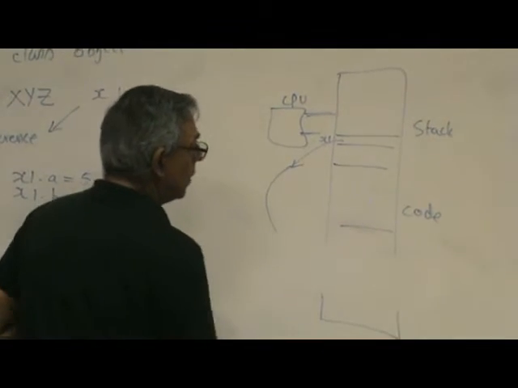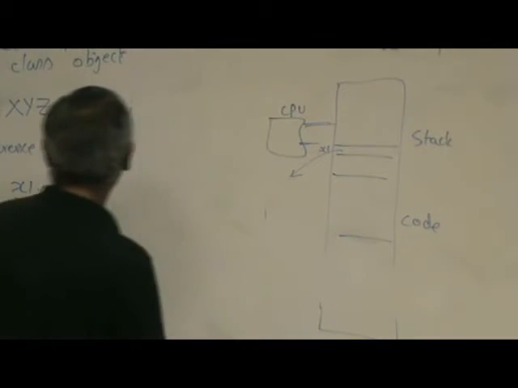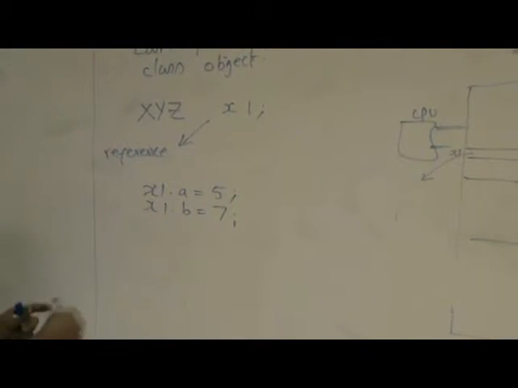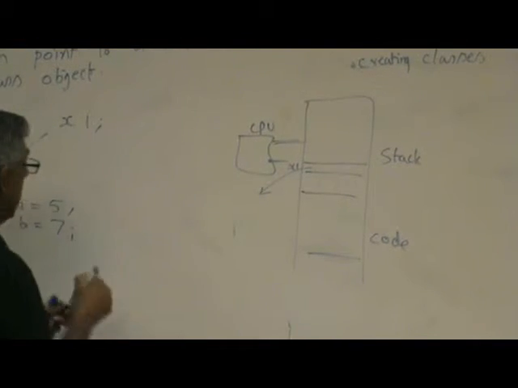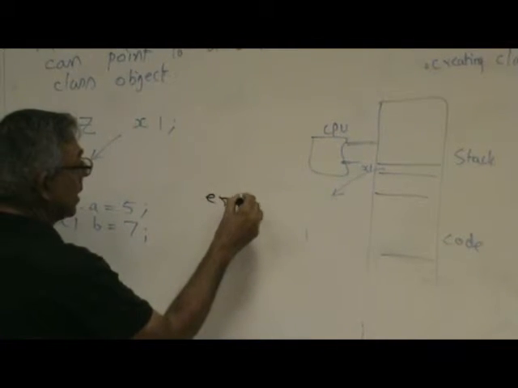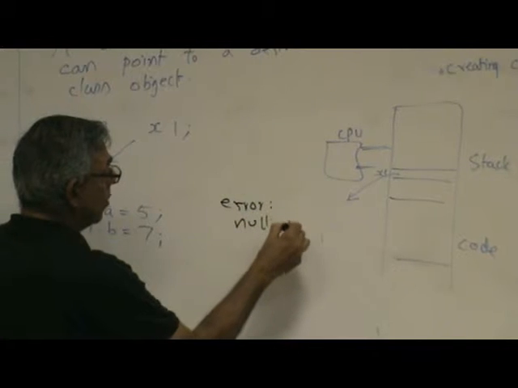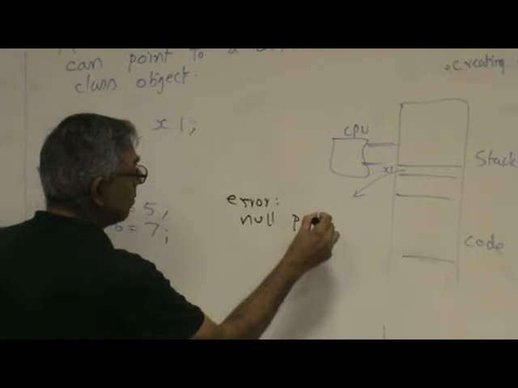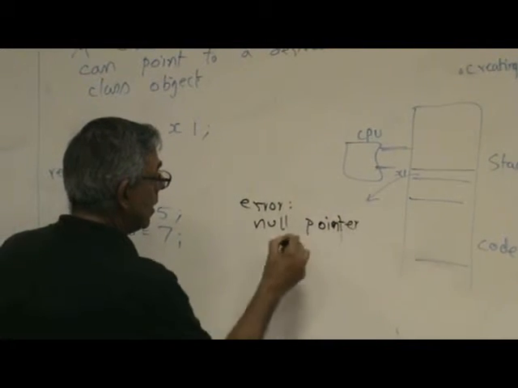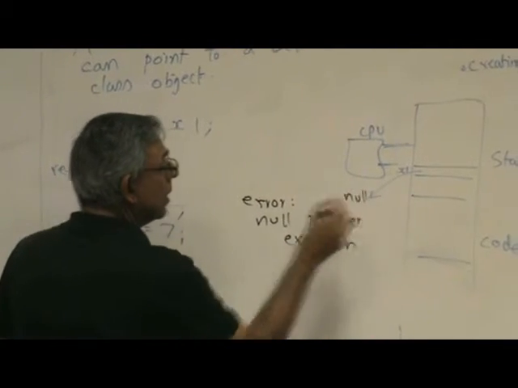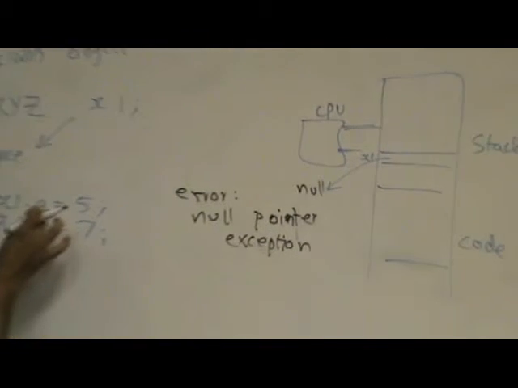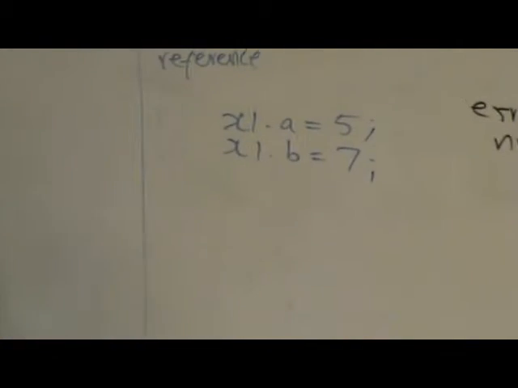No. So x1 is pointing to nowhere. As you try to run it, it will do x1 dot A, but it's pointing nowhere, so you will get an error message, null pointer or null reference exception. Meaning this is pointing nowhere, or it is null. No memory was allocated, so there is no dot A that exists.